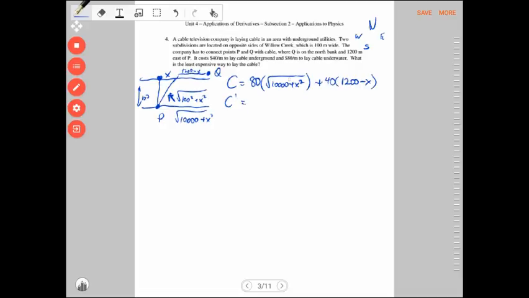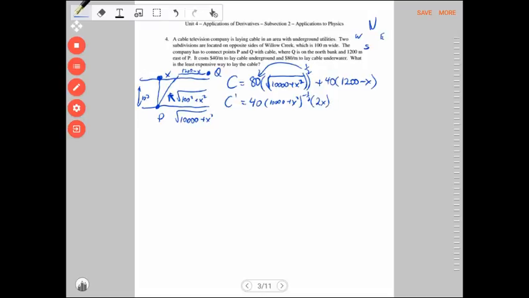Remember, I'm going to do that same little shortcut I did last time. The square root is really just a 1/2, so 1/2 times 80 is 40. So 10,000 plus x squared to the negative 1/2, since that half went down, times 40. Then we subtract the exponent by 1, and then chain rule, so 2x.